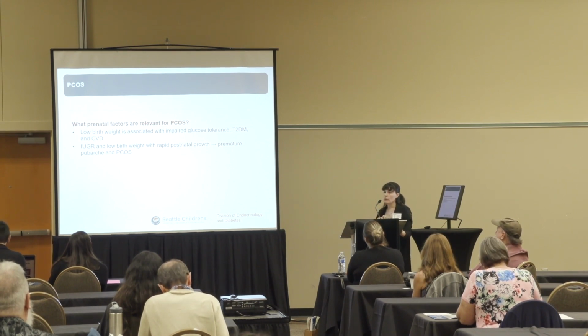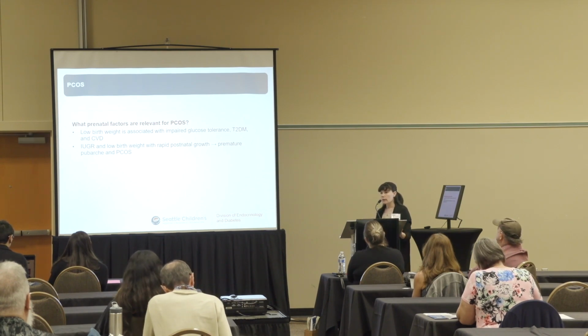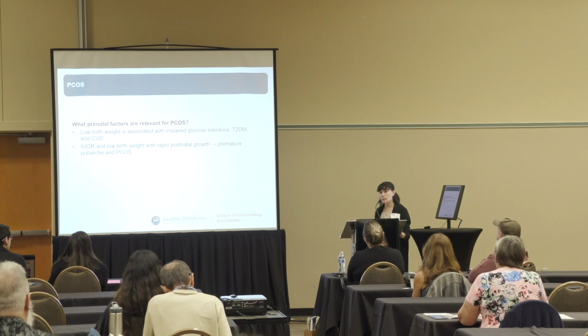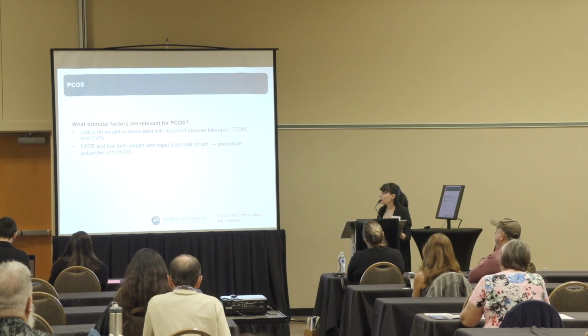And many of those little girls that gain a lot of weight, we know that they most likely will have PCOS. So when we see them for precocious adrenarche, we already start to introduce the idea, especially again if they've been very small at birth, but then gain a lot of weight rapidly. Next slide.